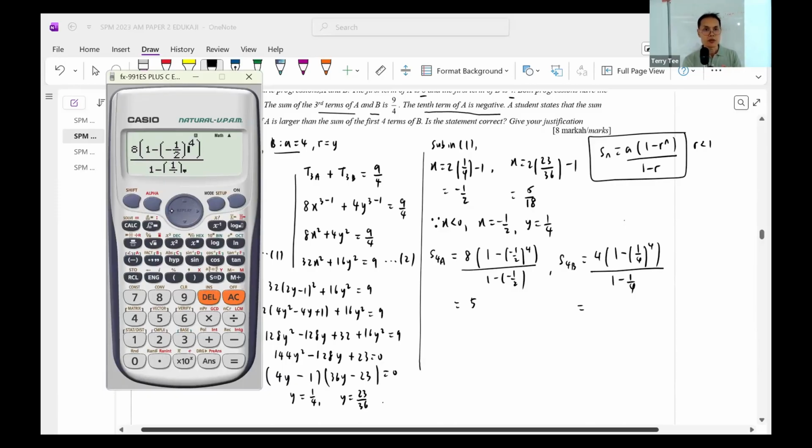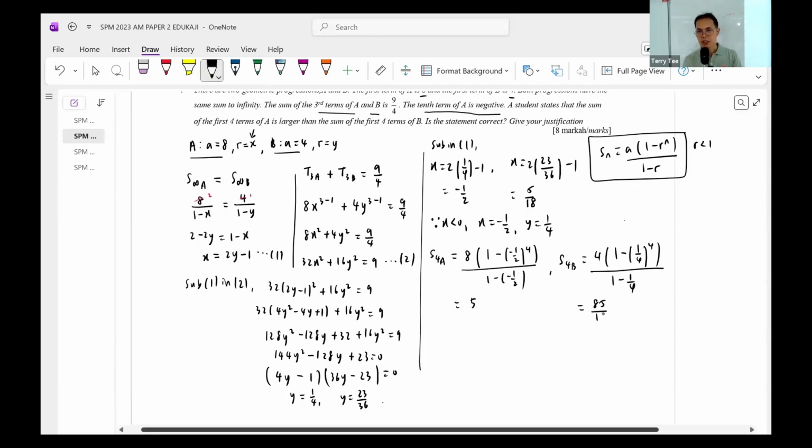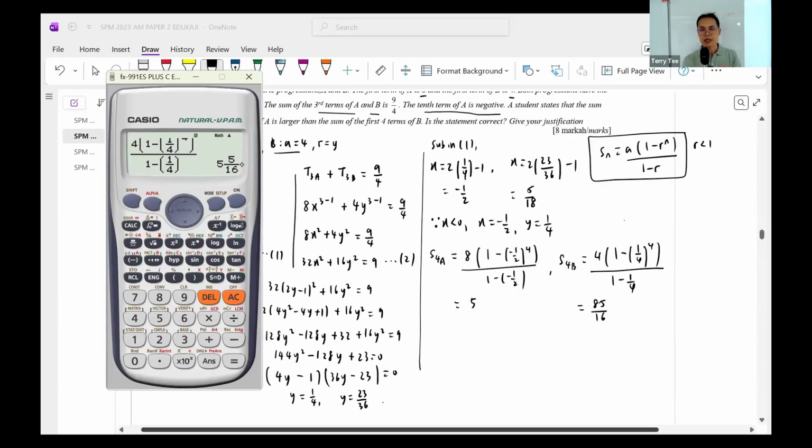Change this to positive 1 over 4, and change your first term to 4, not 8, 4. So what do you get? 85 over 16. Sometimes you cannot tell, right? If you change it to a mixed number, you can tell. It's 5 and 5 over 16.